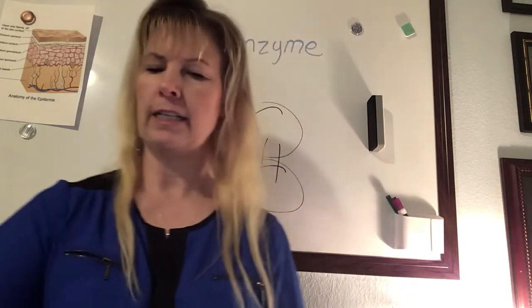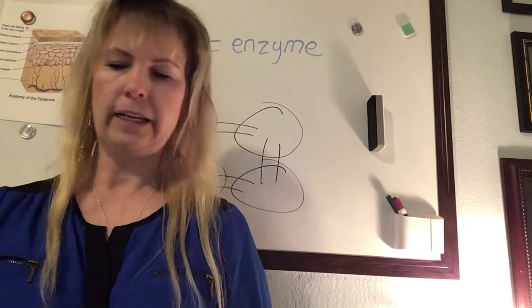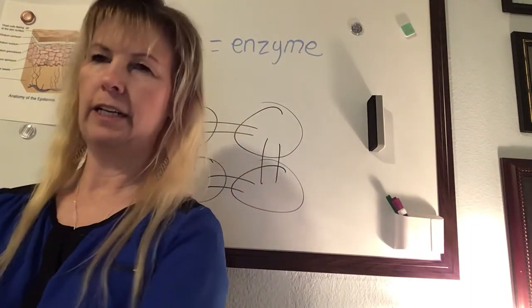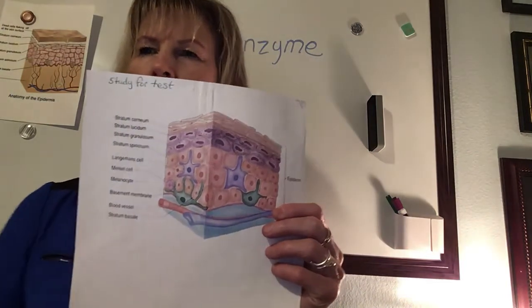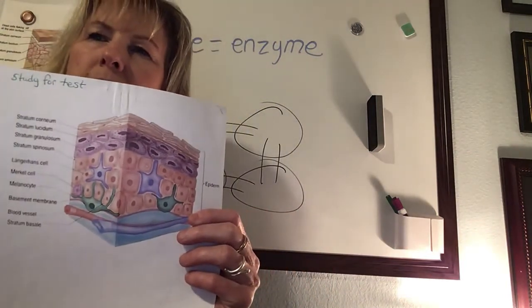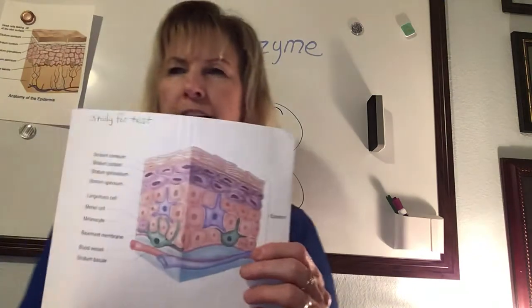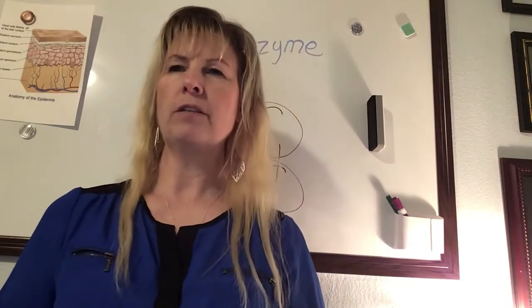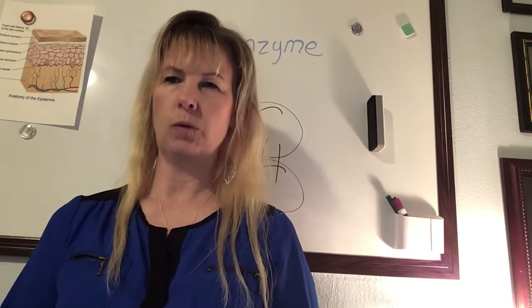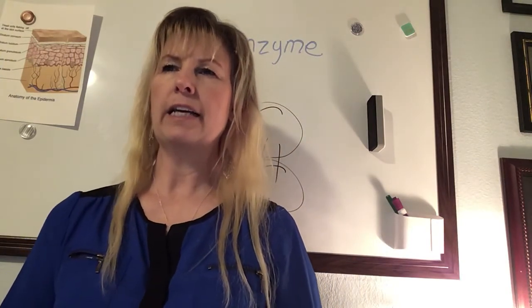Also found in this layer, again, is the Langerhans cell, the star-shaped immune cell right there. And those are the ones that protect our body from infection by identifying foreign material antigens. Well, these immune cells, they help destroy the foreign invaders.